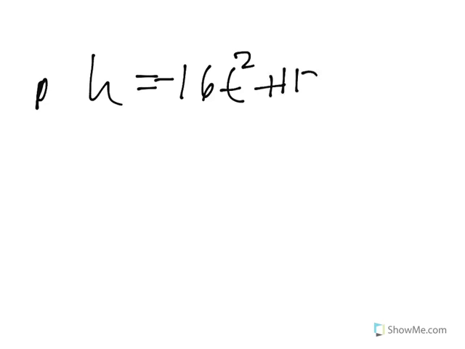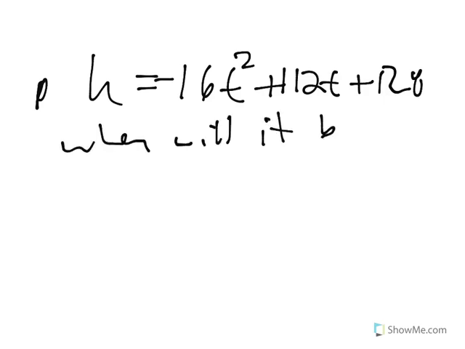Now, back in Algebra 1, they would have a question like this. If the height of a ball is determined by the equation negative 16t squared plus 112t plus 128, when will the ball be on the ground?